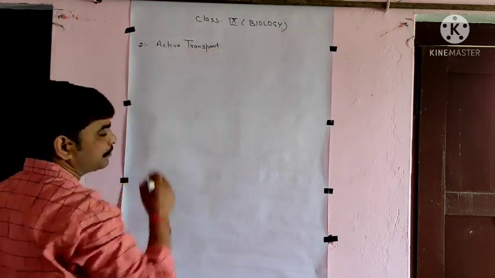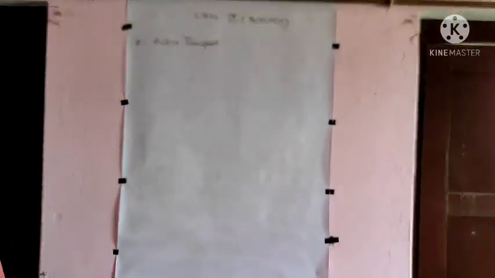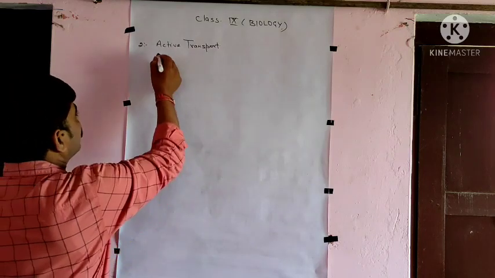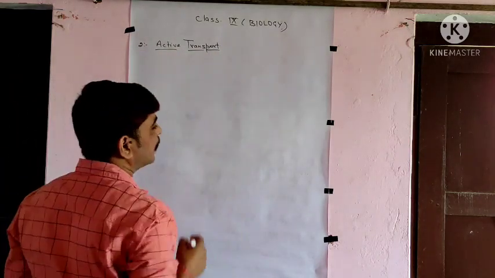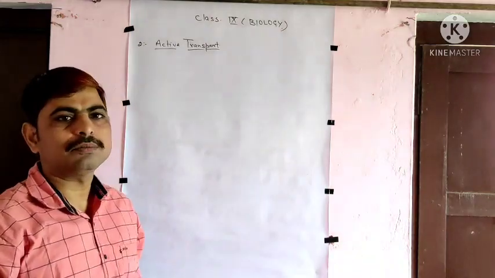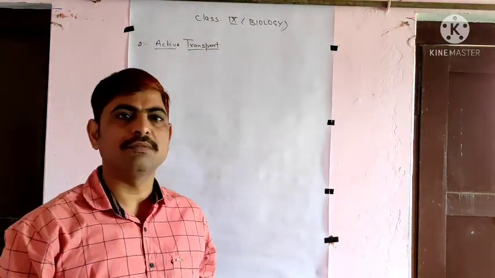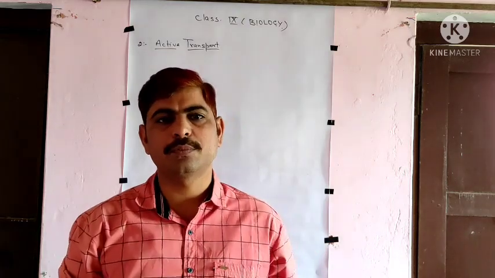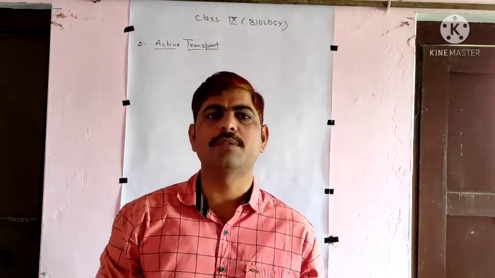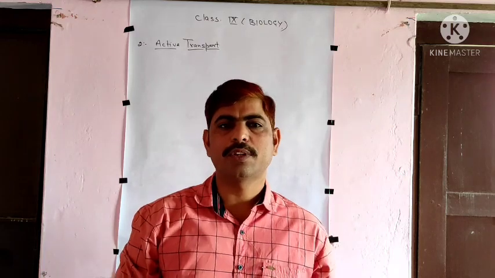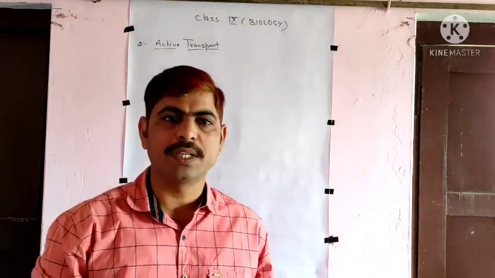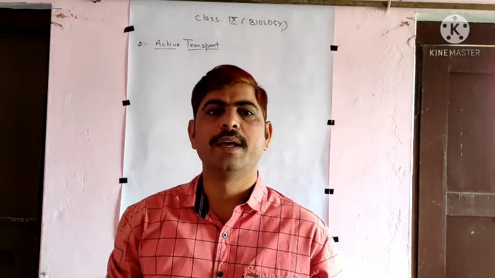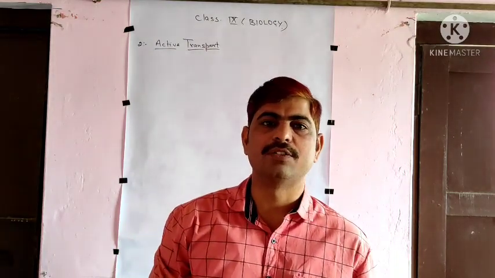Active transport. Dear students, active transport, as the name itself indicates, active and passive. Passive does not involve energy and active is just opposite to passive. It means it involves energy. You can say that it is the transfer of material across the plasma membrane with the involvement of energy.